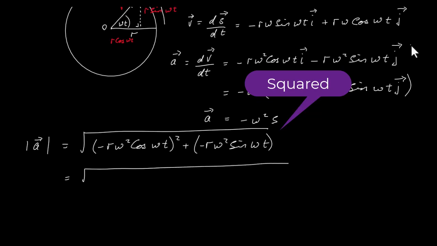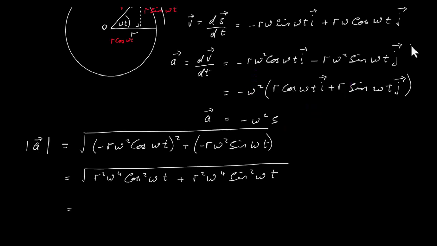Now, what I'm going to do here is square all of this. So you've got r squared omega to the power of 4 cos squared omega t plus, again, r squared omega to the power of 4 sine squared omega t. Next thing I'm going to do is just split this square root up. I'm going to factorize out the r squared omega to the power of 4 and then split up the square root.